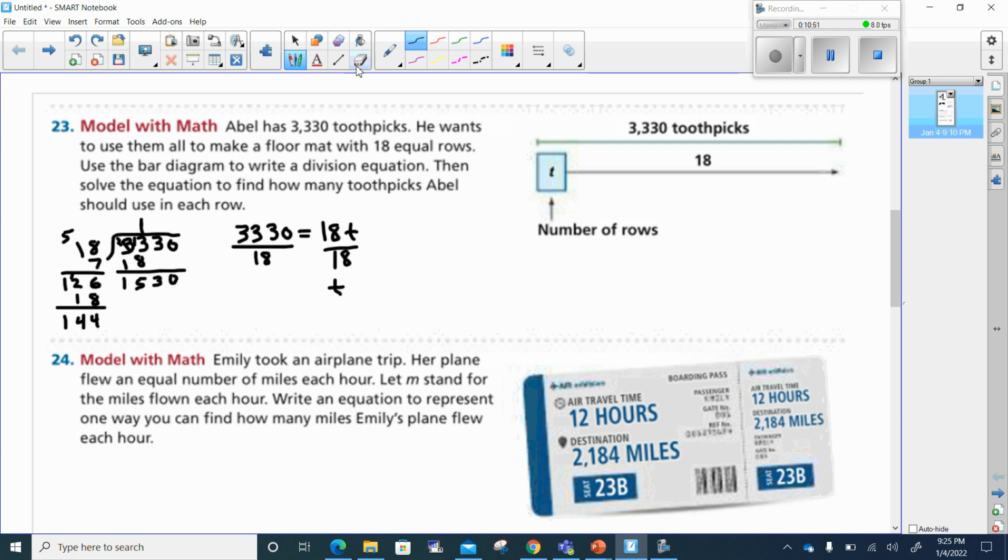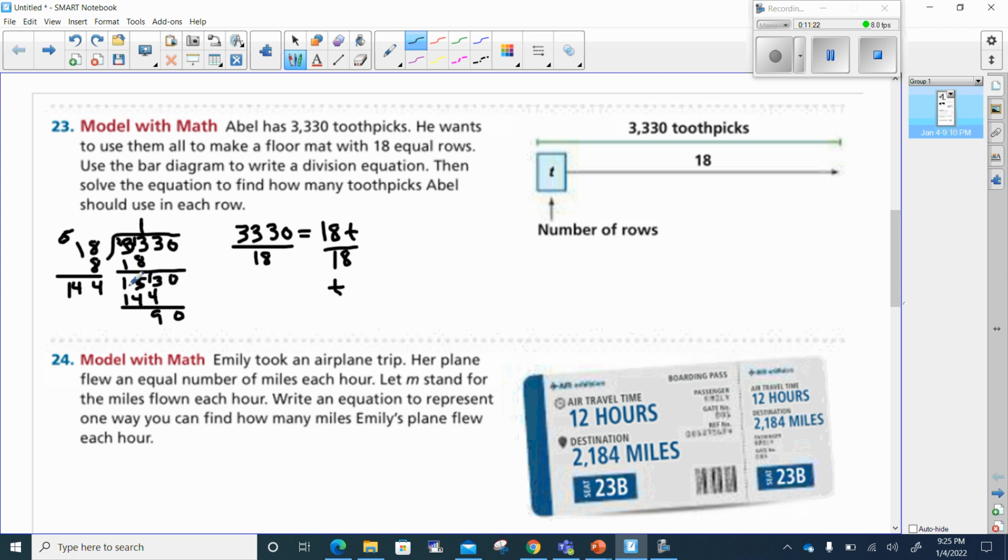Okay, we'll double check here. We're going to multiply 18 by 8. We know 8 times 8 is 64, and 8 plus 6 is 14. My 0 goes over here. This will turn into a 9 because I'll have to borrow 1.